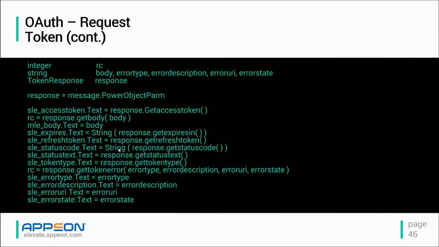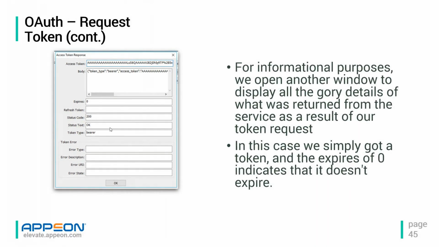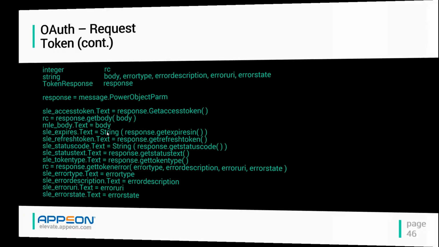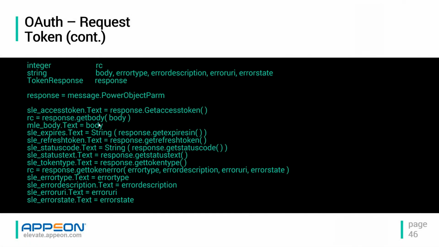This is the sample code for this window. I got ahead of myself. So we do a request for the access token, and basically I'm just getting the access token and setting it to the SLE. I do a response get body and send the body to the SLE.